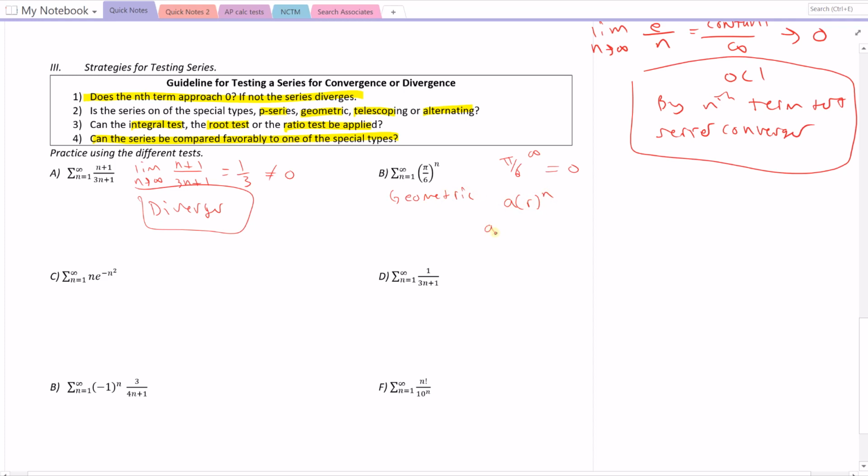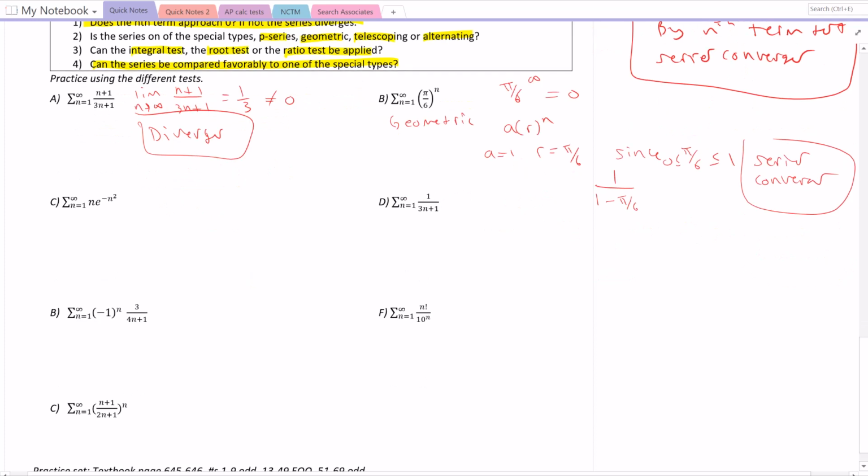In this case, a is 1, r is pi over 6, and since pi over 6 is between 0 and 1, the series converges. What does it converge to? Well, it converges to a over 1 minus r, so in this case 1 over 1 minus pi over 6. But the important part is it converges.